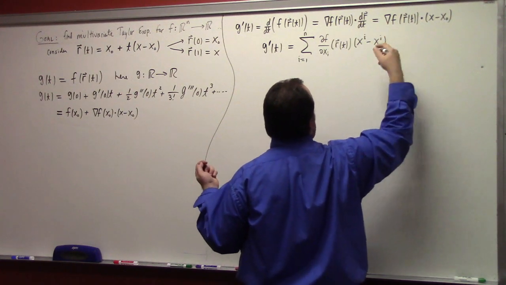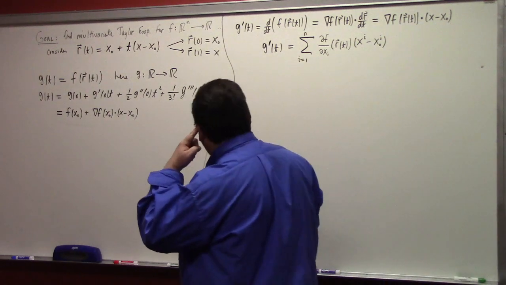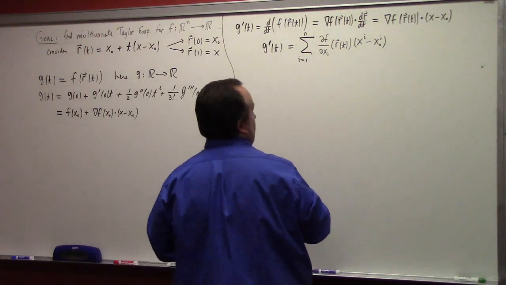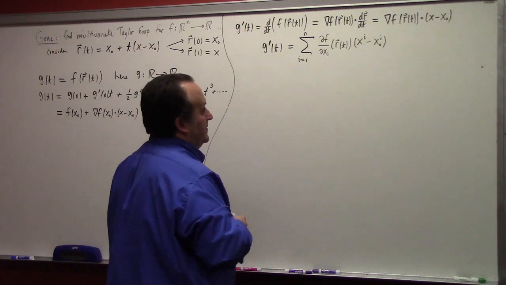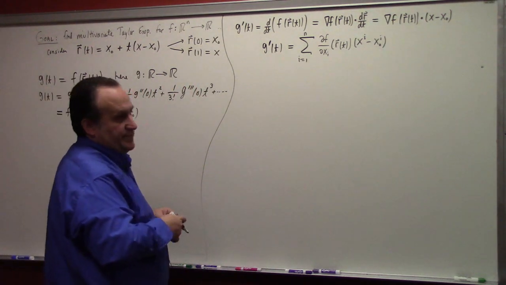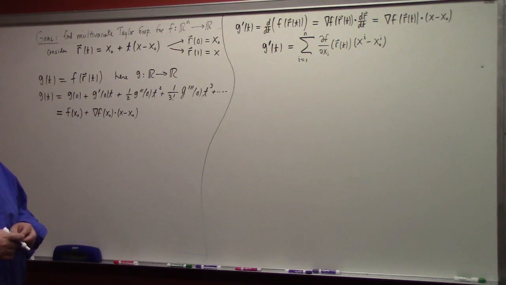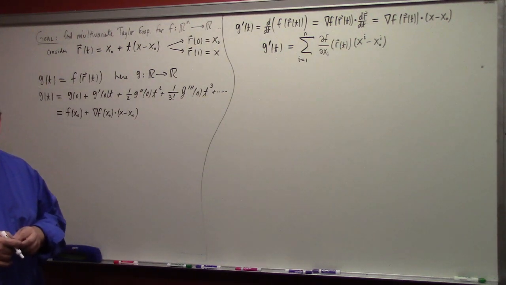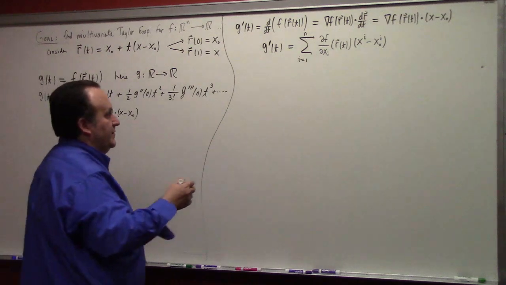Those are not exponents. I'm just changing the superscript notation so that it's easier to see there. So there's my g prime. So then what do I do? Well, I differentiate again. What's g prime prime of t?